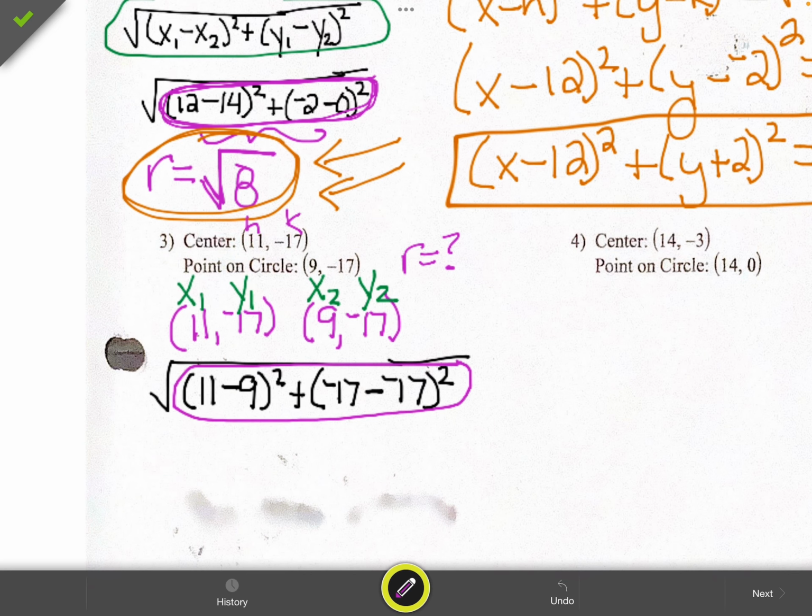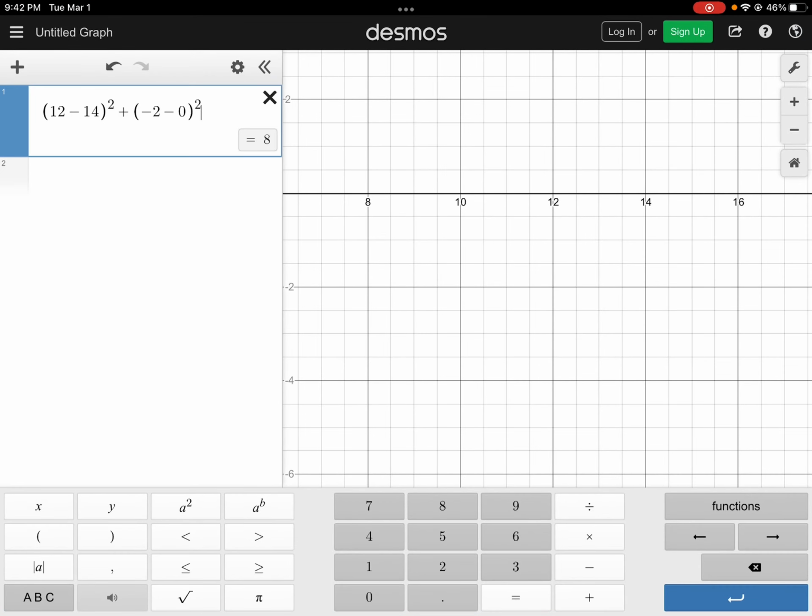Because again, we don't want it to kick out a decimal, because then we won't know what's under our square root. So we're going to go to Desmos, type it in. So take that out, take that out. So we are going to do 11 minus 9 squared plus, don't forget your parentheses, -17 minus -17.